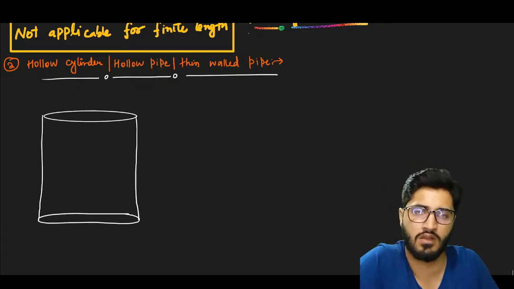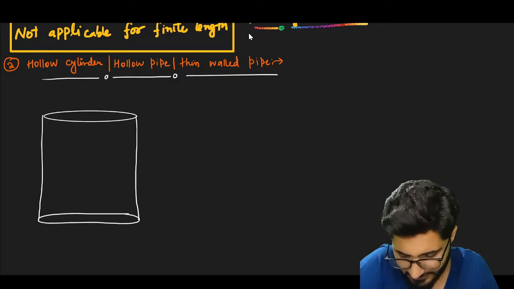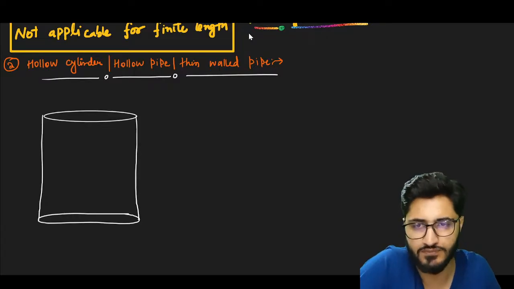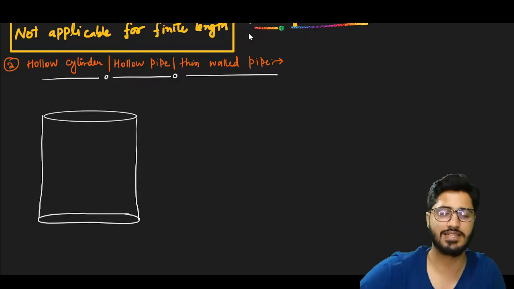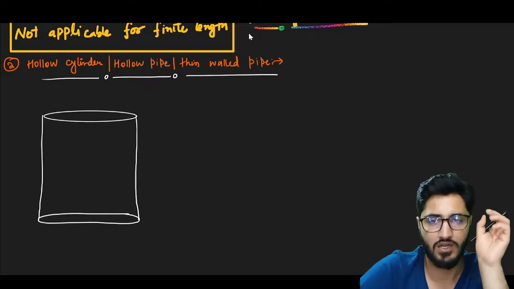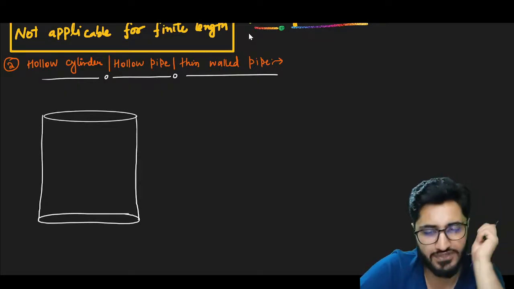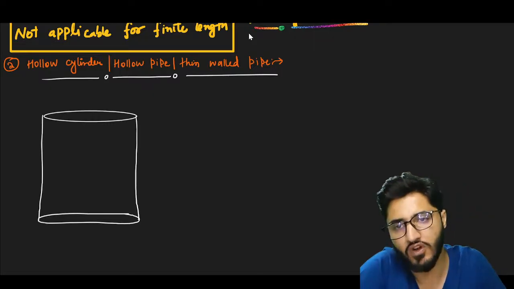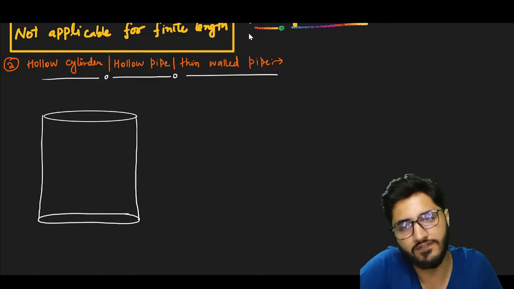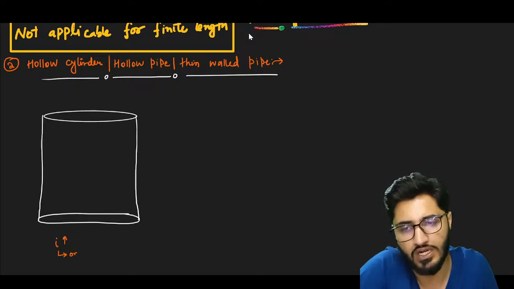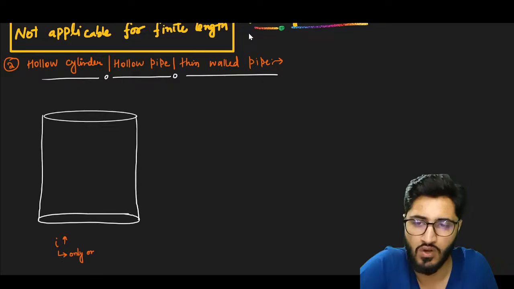Okay, so this one is my pipe, a hollow cylinder. Hollow means nothing is inside, just like a glass. Only a very thin walled pipe is there. If we are giving current I, where will the current flow? I guess this current will flow only on the surface.